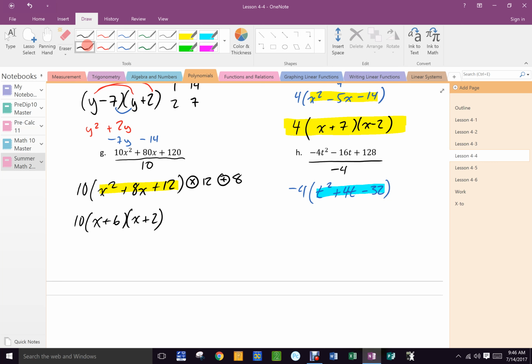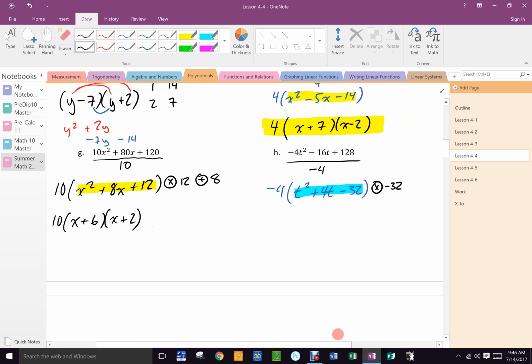If it will factor, I need numbers that multiply to what? Negative 32, and numbers that add to what? What is it? 8 and 4. Which one? I need positive 4. Is it positive 8 minus 4 or negative 8 plus 4?